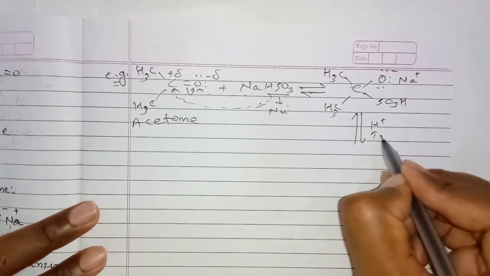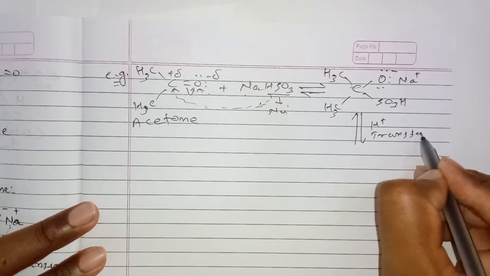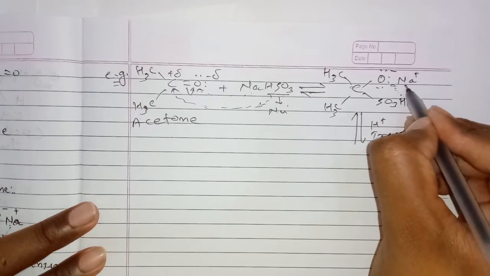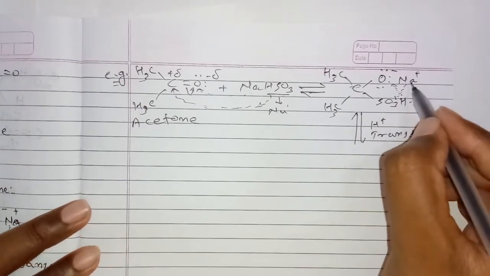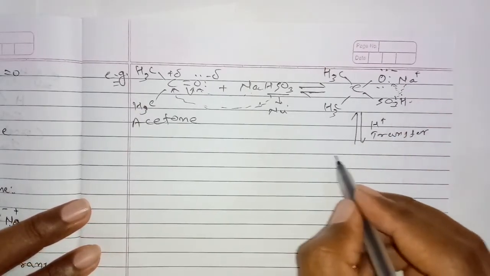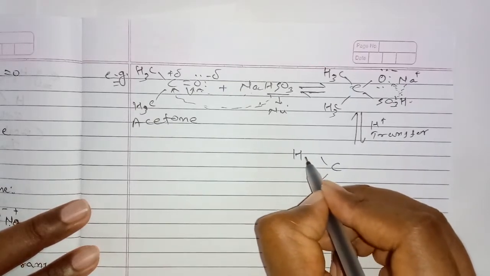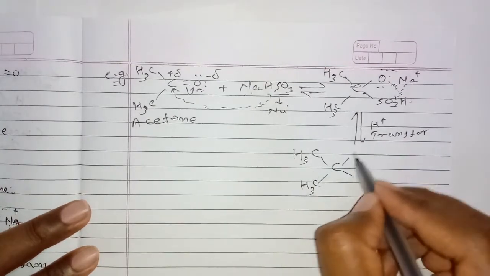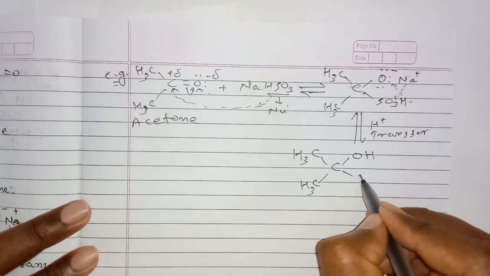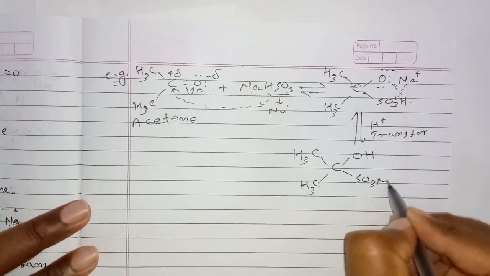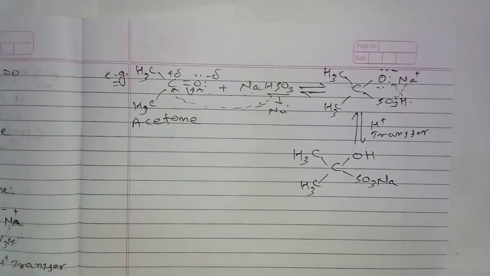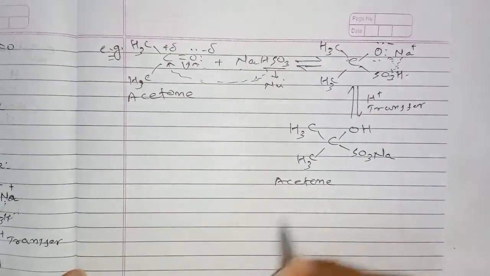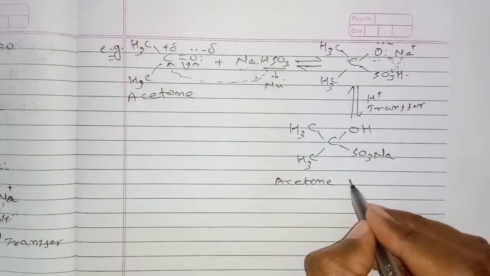H plus transfer. This H plus will attach with the oxygen to form OH, and the sodium will attach with SO3. CH3, and here OH and SO3Na. Now its name will be acetone sodium bisulfite.